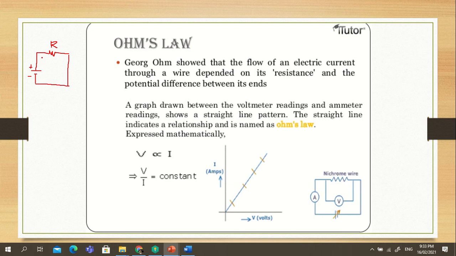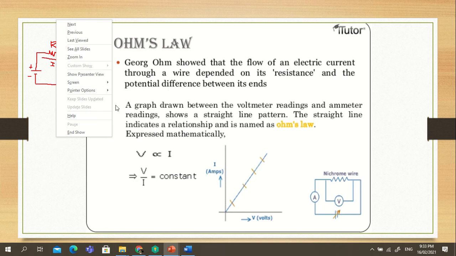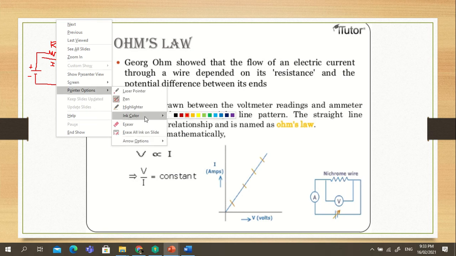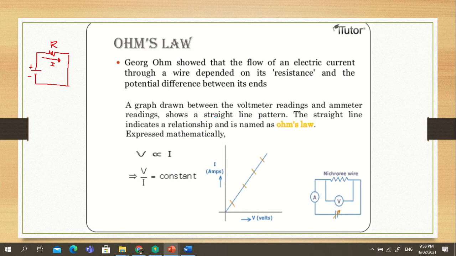If you look at the arrow, we have the current I. It goes from positive to negative, because the positive charge will be attracted to negative. Or if you start from here, it's just from negative to positive.